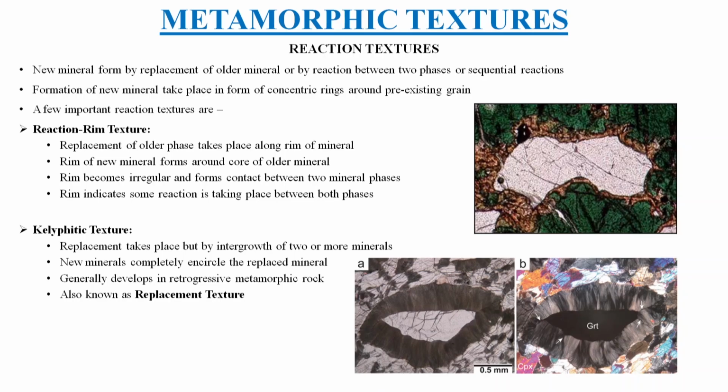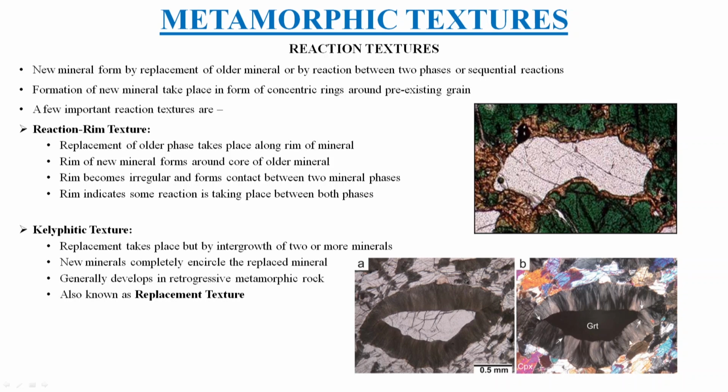Then you have the kelyphitic texture, where replacement takes place, but by intergrowth of two or more minerals. New minerals completely encircle the replaced mineral, and it is also referred to as a replacement texture. So, here you can see the presence of garnet, then you can also see the presence of clinopyroxene.